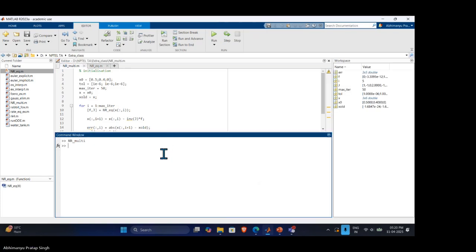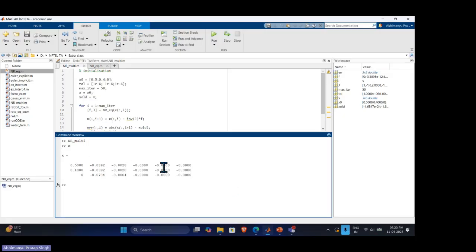Yeah. So the program has run. We can see the x that it returns. It's 1, 2, 3.